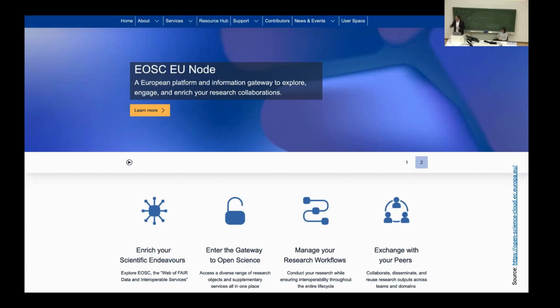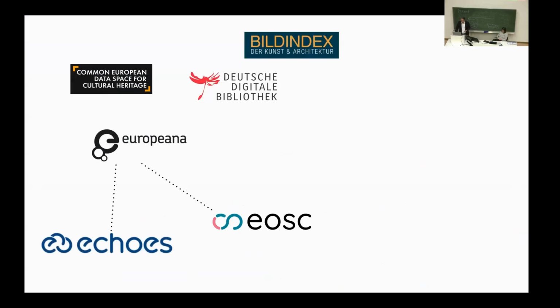And of course, we as National Research Data Infrastructure in Germany are clearly focused towards the European Open Science Cloud. So that was just a first glimpse of what's there on the European and also on the national level. And I think you first have to get a grip on what all those platforms mean.